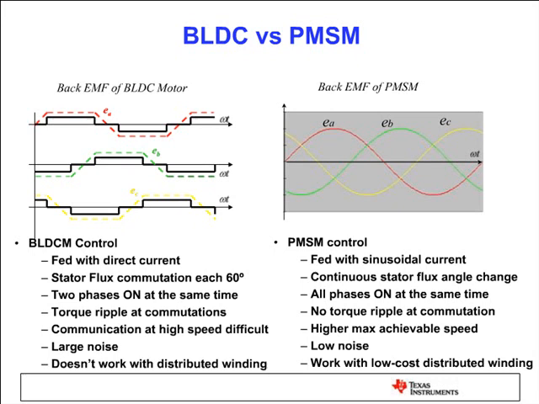The black graph shows the current waveform, and the colorful one shows the back EMF waveforms. The current is DC for a while, then 0, then negative DC, and then 0. The amplitude of the current is constant unless we change the load. On the other hand, the PMSM voltage and current waveforms are sinusoidal.